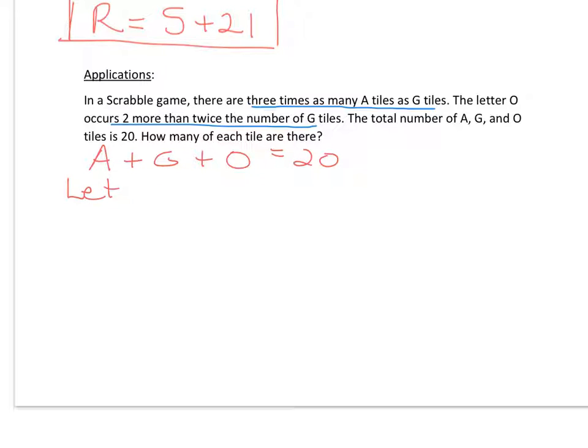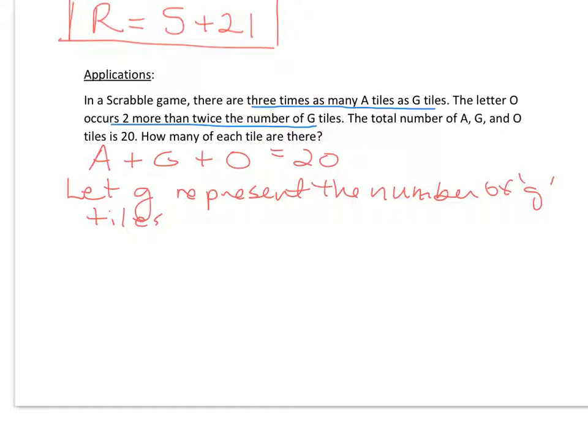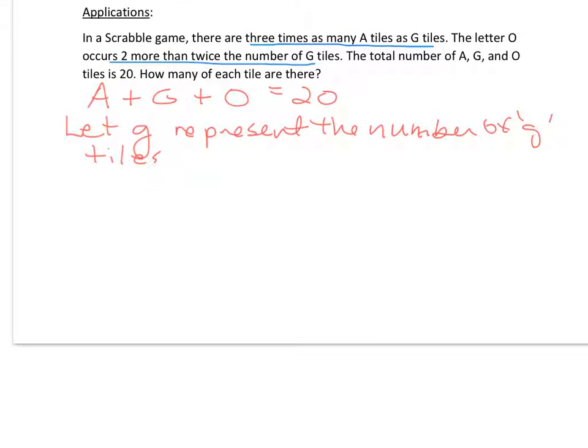So, and I'm just going to use lowercase here, let g represent the number of G tiles. Okay, so if we look at the equation that we wrote already, A plus G plus O equals 20, let's see how we can translate that to using just the letter g. The capital G up there, we can just represent with our lowercase g.